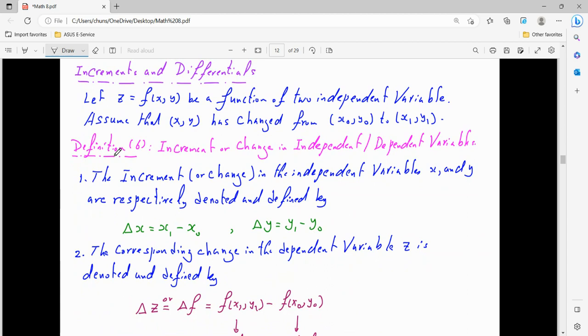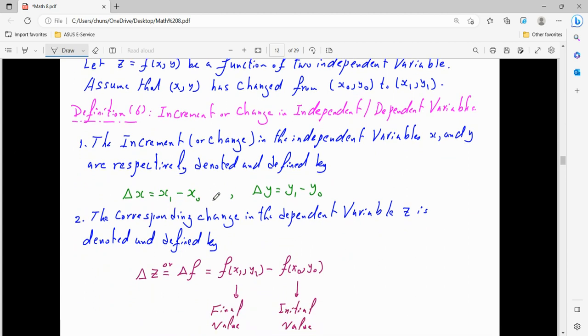Okay, so next we're going to talk about increments and differentials. So increments, or change in independent and dependent variables. The increment or change in the independent variables x and y are respectively denoted and defined by delta x is equal to our new x, so our final x minus our initial, and same goes for our y, final minus initial y.